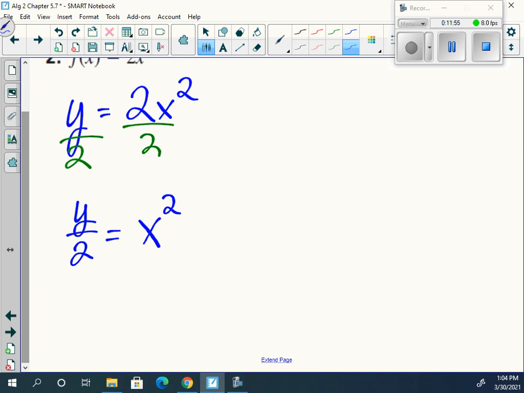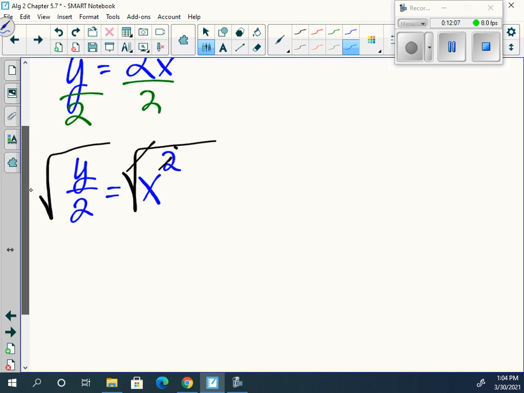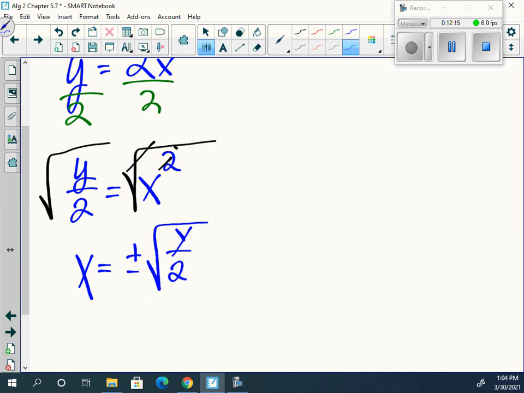At this point, we would square root both sides, because the square root and square will cancel, leaving us with x is equal to plus or minus the square root of y over 2. Now again, we need the plus or minus because when we take an even root of both sides, we do need the plus or minus. And this would be it.